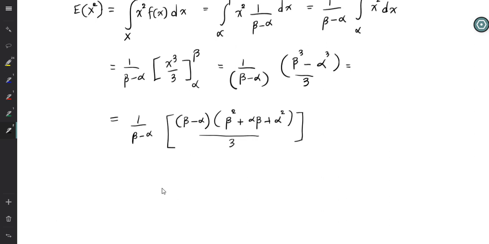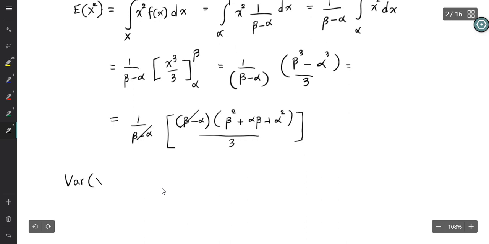So this beta minus alpha will cancel out, and we end up with beta square plus alpha beta plus alpha square over 3.